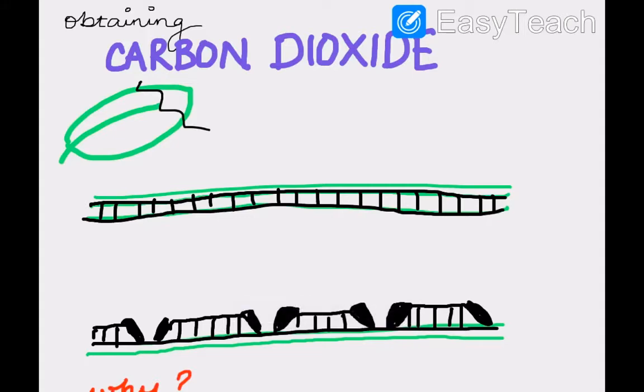So if I were to cut open a leaf, I could see the top part of this leaf and the bottom part of this leaf. And I just want to go through and label each of these sections with you.